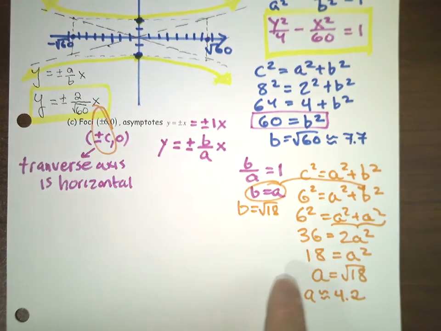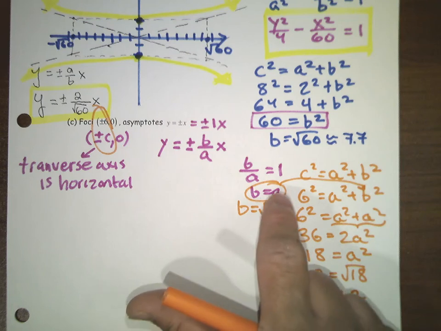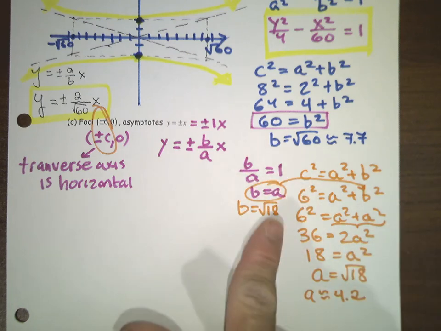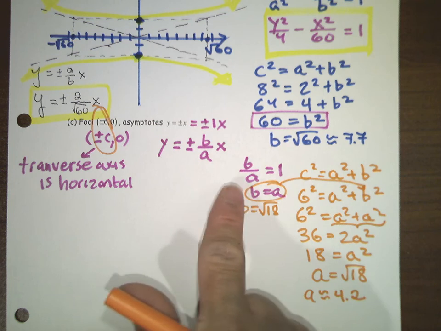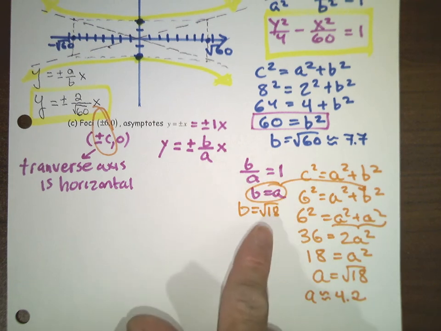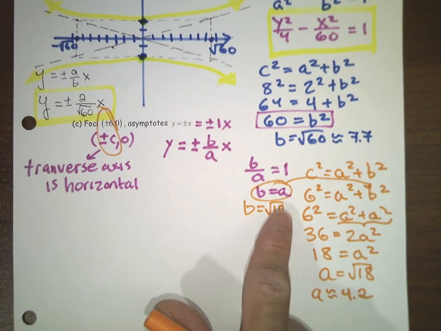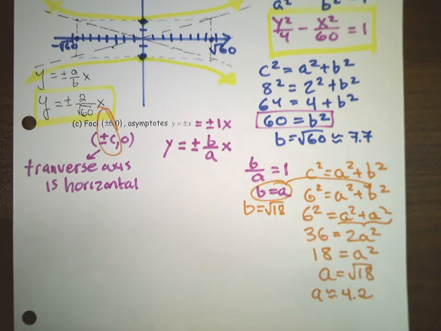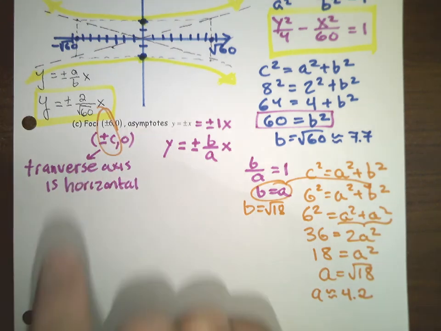But the other one is a wrong assumption that a and b would be equal in this case, because we actually don't know what a and b are until we go ahead and find them. All right, so square root of 18 over square root of 18 is also equal to 1. So there's lots of possibilities that it could have been, but this is the only one that would work in this particular case if c was equal to 6.